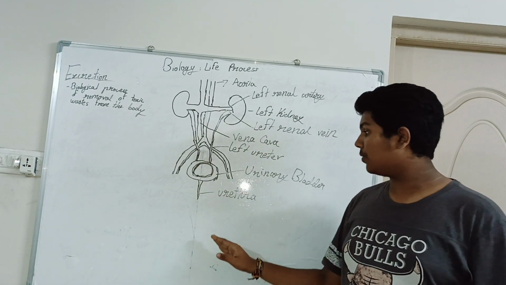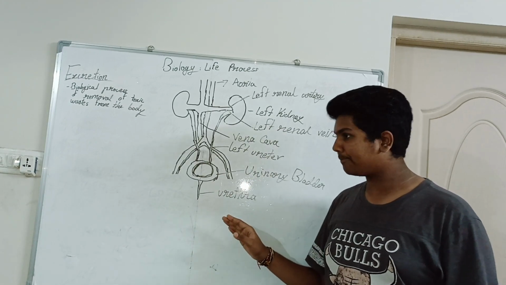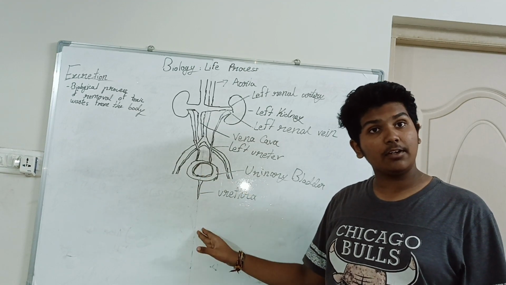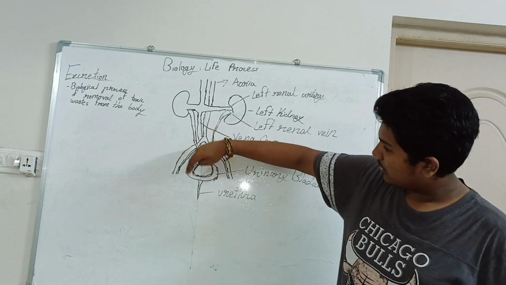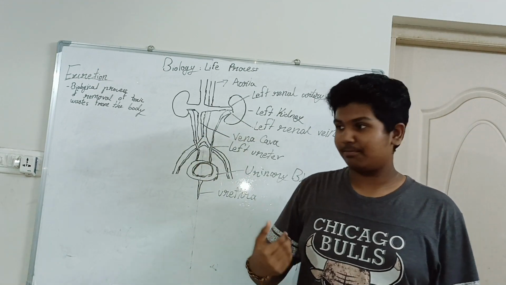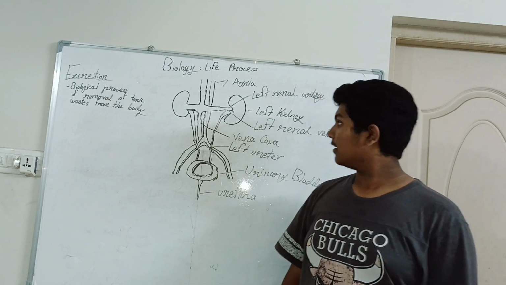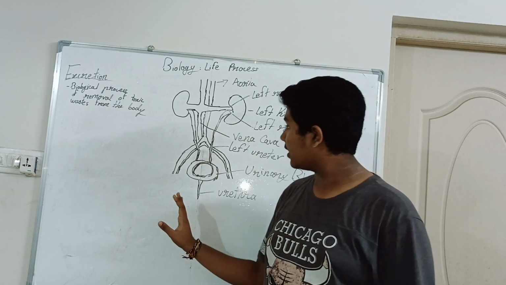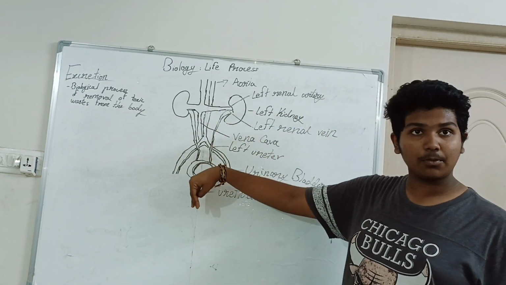And next is the urethra. In this, it is where the urine goes. So it's stored here. When you gotta put it out, it goes out. So understood? Understood the process of how it happens? The left ureter helps in the transport.